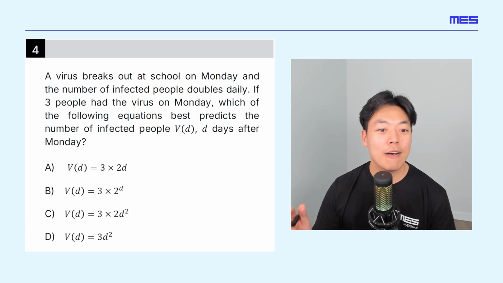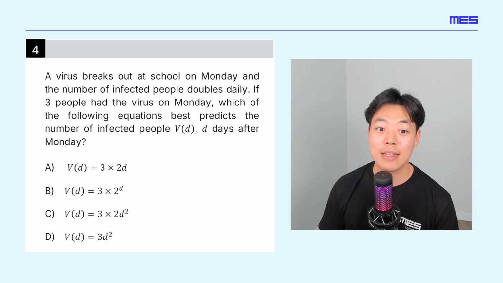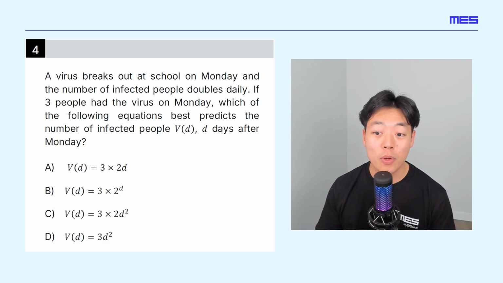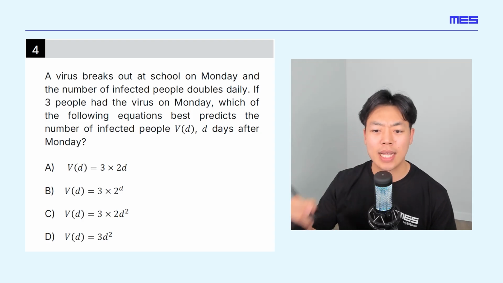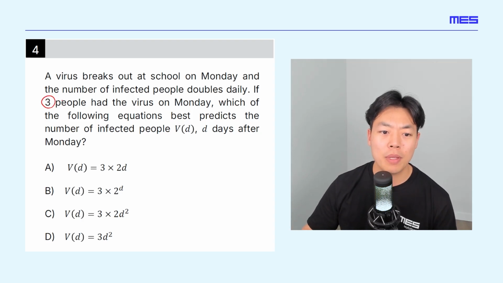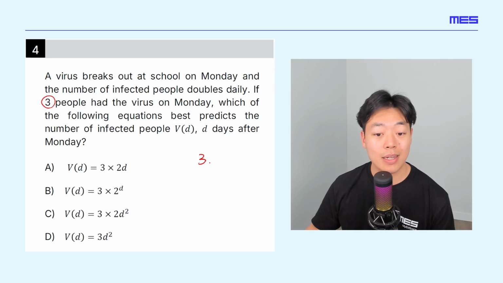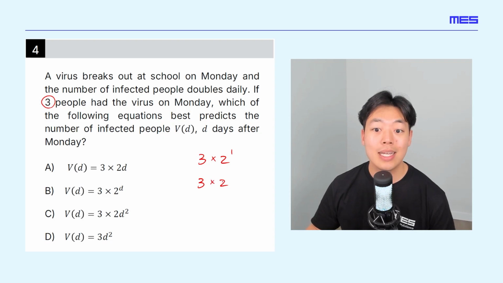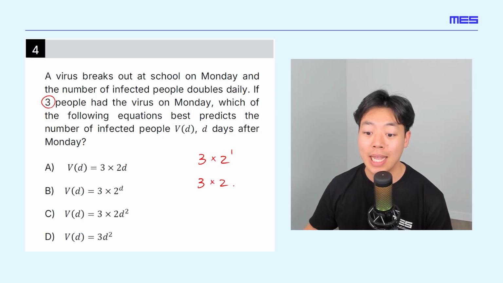Number four, a virus breaks out at school on Monday and the number of infected people doubles daily. Let's think about that for a second. If we started off with 3 people having the virus, the next day would be 3 times 2. The next one would be 3 times 2, but times 2 of that because it doubles daily.